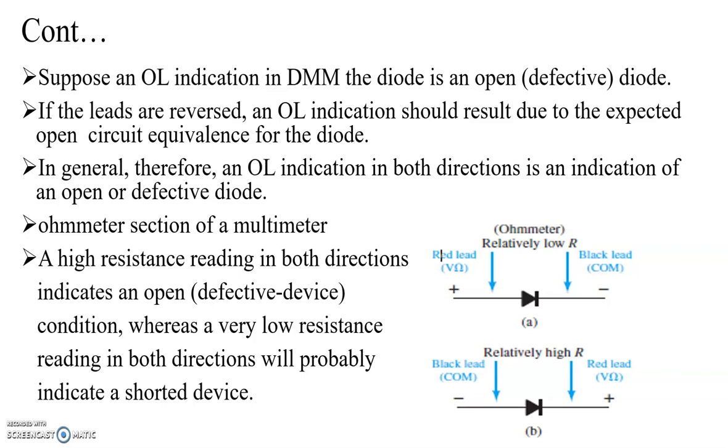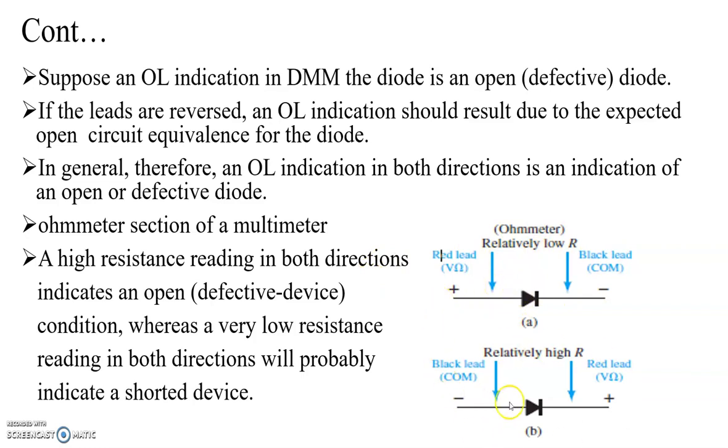Okay, next put the DMM in the ohmmeter section and connect the positive terminal to the anode and the negative terminal to the cathode. Look at this diagram; you can connect like this. After connecting, your display will show a relatively low resistance value.